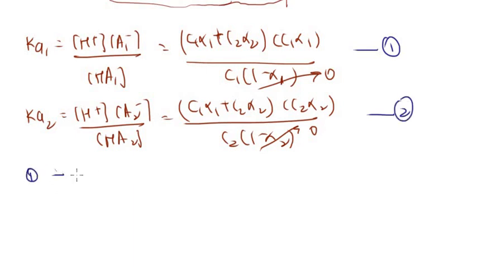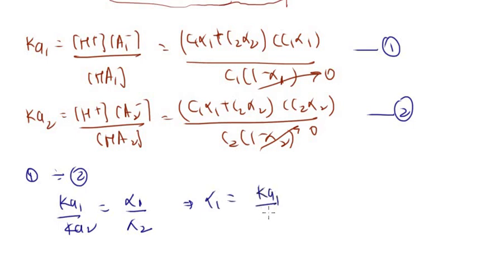So we divide 1 over 2. So Ka1 upon Ka2 comes out to be alpha 1 upon alpha 2. Now alpha 1 comes out to be Ka1 upon Ka2 into alpha 2. So all these terms, C1 alpha 1 plus C2 alpha 2, all this will cancel out. The alpha 1 is coming out to be Ka1 upon Ka2 into alpha 2.